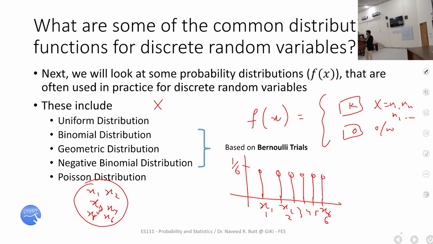In that case they are all equally likely, and what is the likelihood of each one if I have to pick randomly from 1 to 100? 1 by 100. So the k value doesn't matter. It's the fact that it is fixed that matters. So rolling a die, all that makes sense.